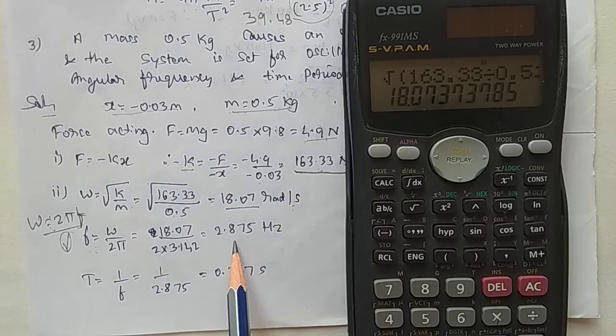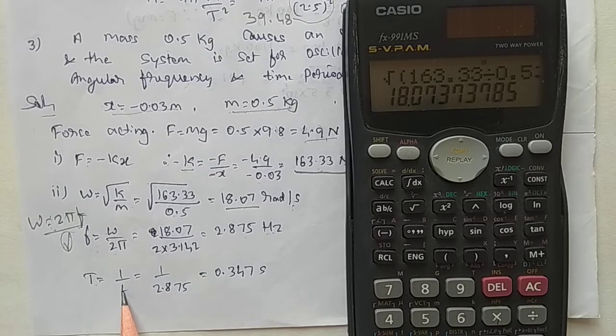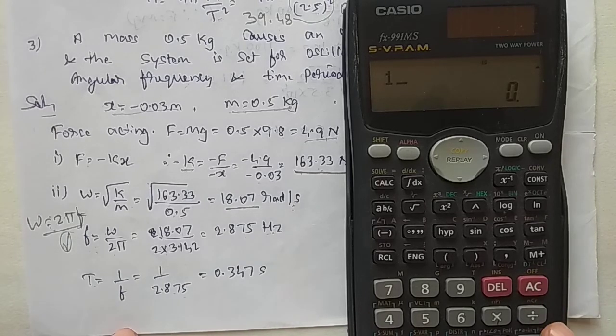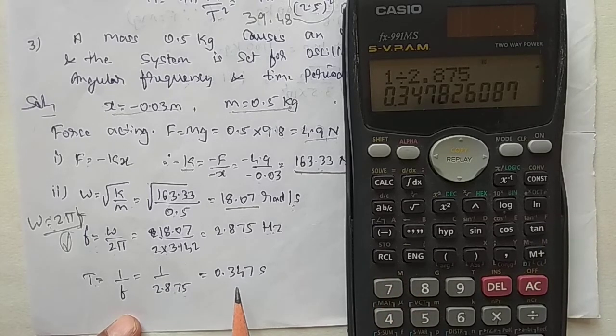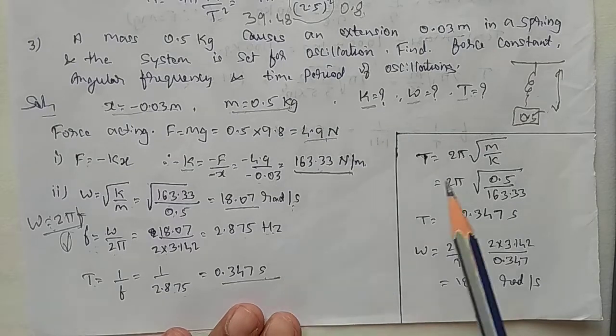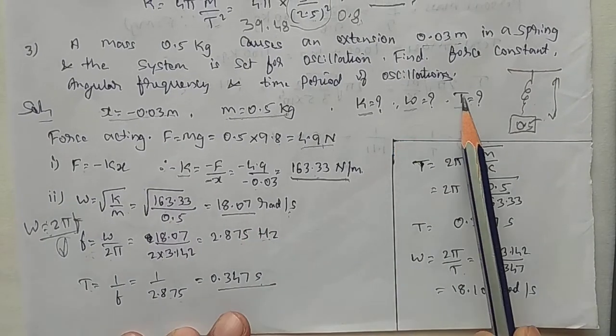If you calculate, it comes to be 2.875 hertz. And the time period is the inverse of the frequency. Therefore 1 by 2.875. It comes to be 0.3478, or 0.347 second.